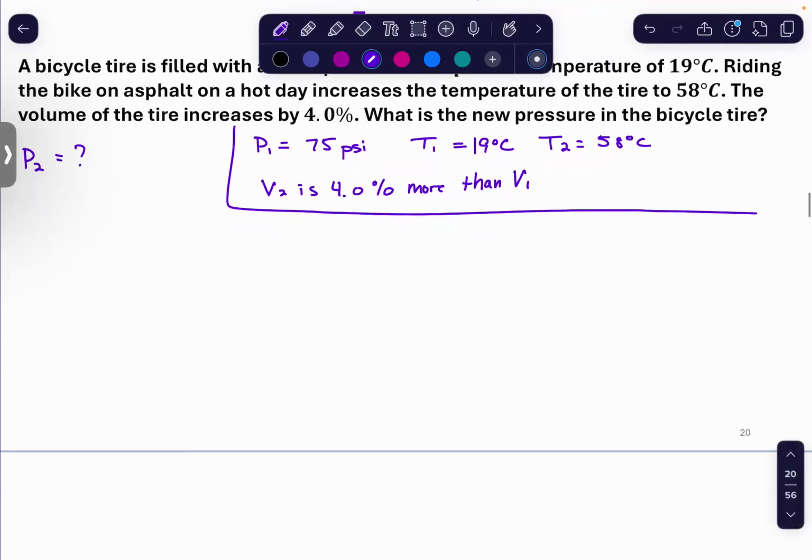Okay, so if we start with our ideal gas law, we say, well, what changes and what's constant? We see pressure changes. We see that temperature is going to change. The volume is definitely going to change. So that means that your number of moles and R are going to be constant.